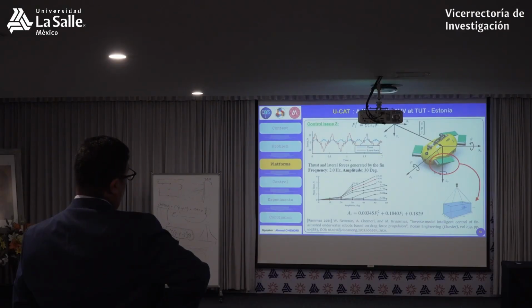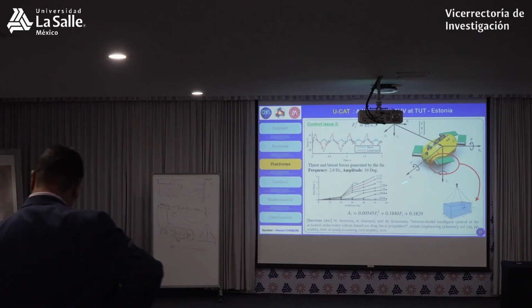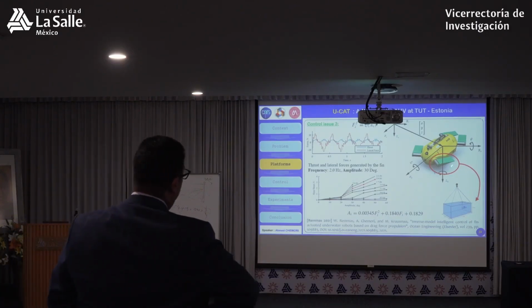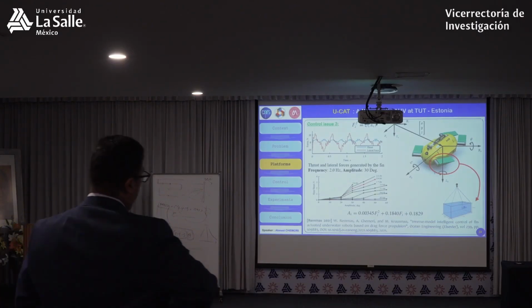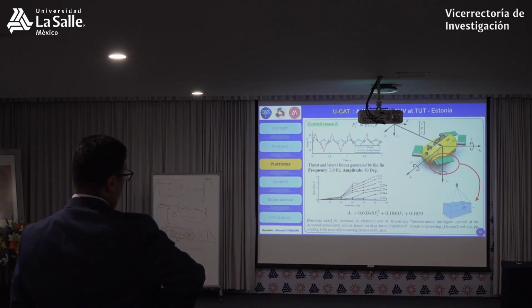Here we didn't consider that the fin is flexible. We suppose that it is rigid, and we compute the thrust force like that. We did an experiment with just one fin. We fixed it, put a force sensor, moved the fin, and measured the force, the thrust, which is here in blue. Then we tried different scenarios with different amplitudes.